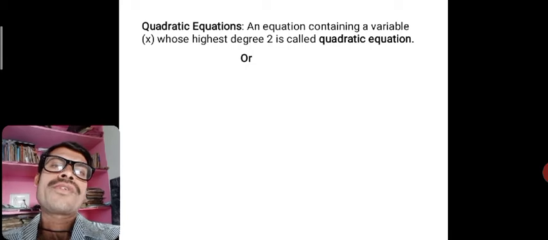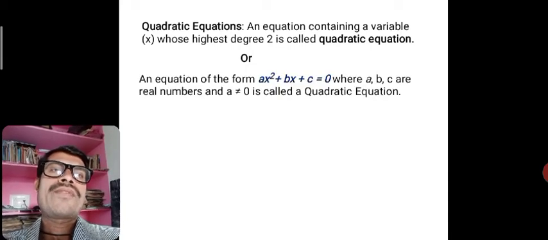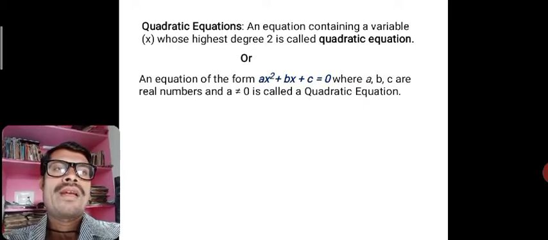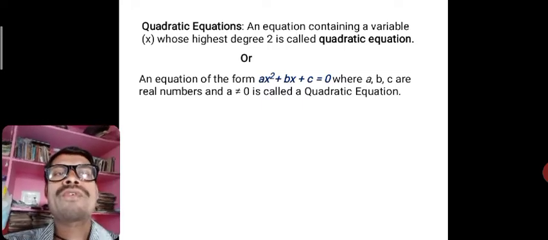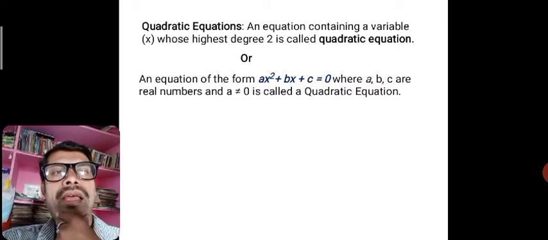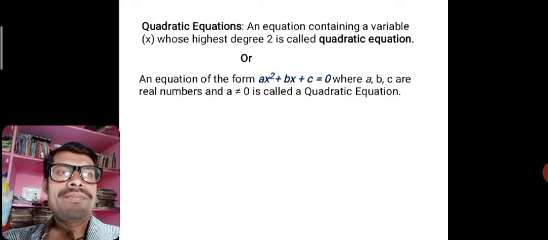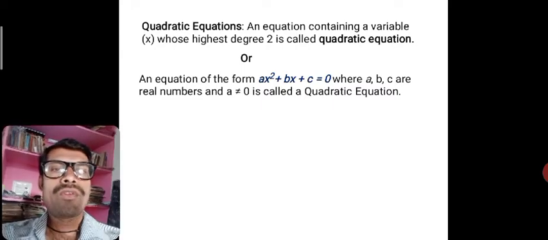We can also define a quadratic equation as an equation of the form ax square plus bx plus c is equal to 0, where a, b, c are real numbers and a not equal to 0. What happens if a is equal to 0 in that equation?